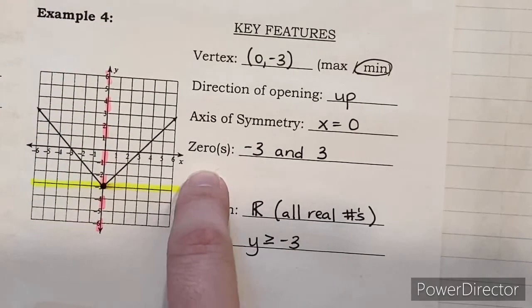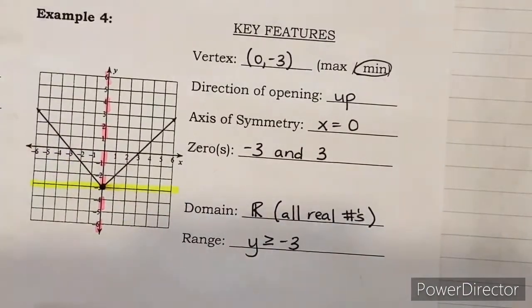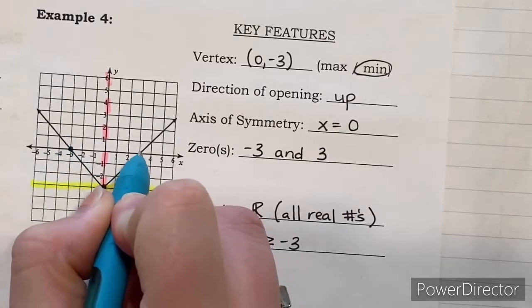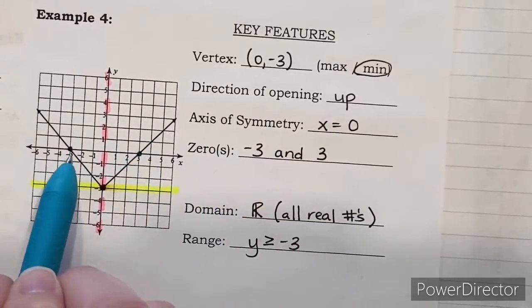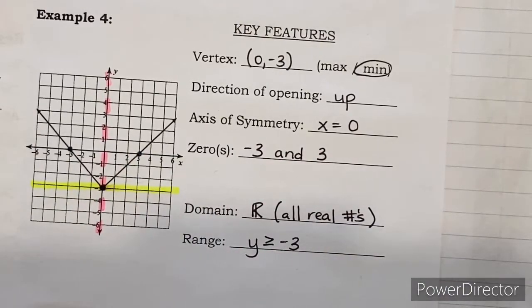Now the zeros, this is the first one we've actually had, because all the other ones had no zeros. When you have zeros, you're looking at the points where the graph crosses the x-axis. This happens at -3 and at +3. You just list those out just like that.